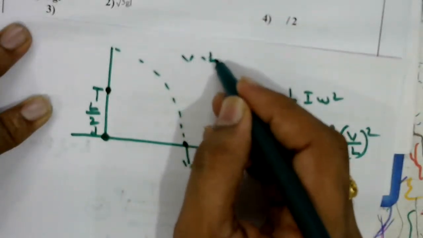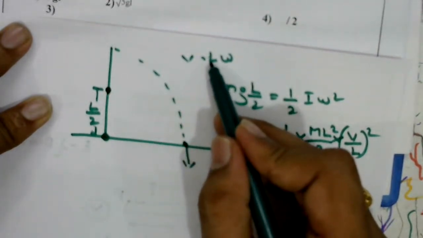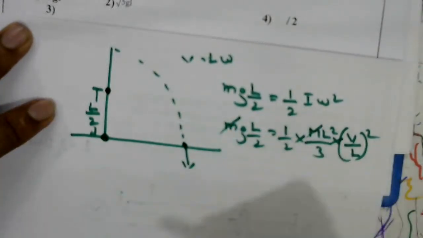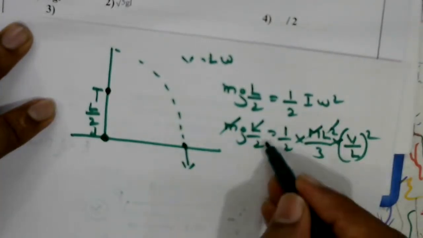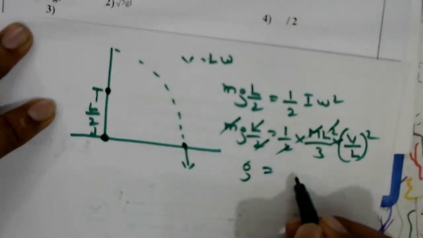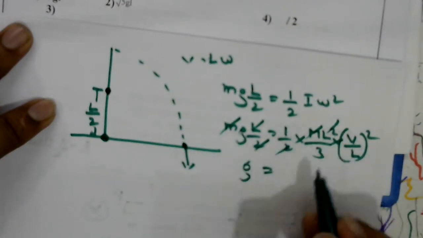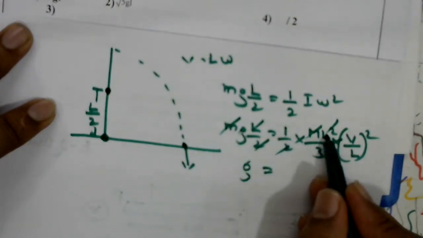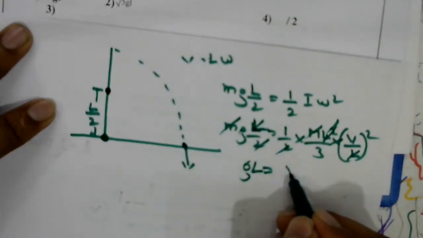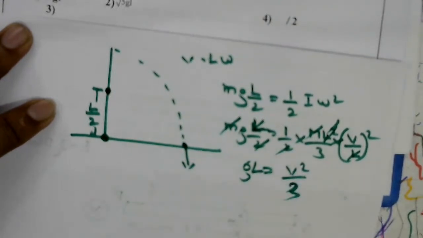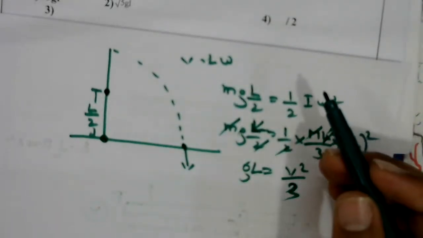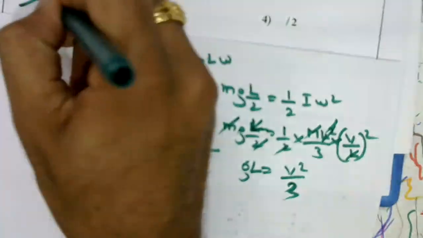Because v is equal to r omega, and r is nothing but the length of the rod, since it is rotating. 1 m gets cancelled, 1 L gets cancelled, 2 gets cancelled. LHS is left with only g, RHS is left with L square cancelled, L as it is, so it is v square by 3. V is equal to the square root of 3 g L. Which option is that? First option.